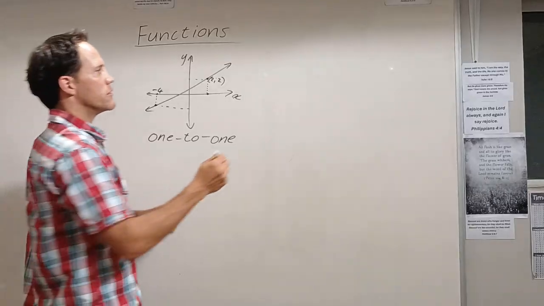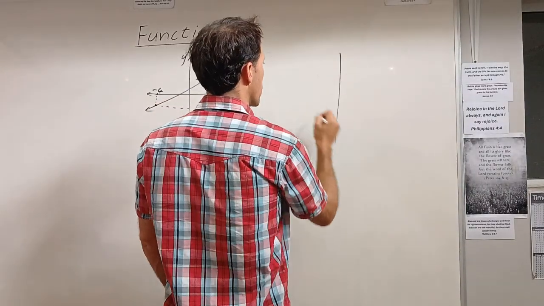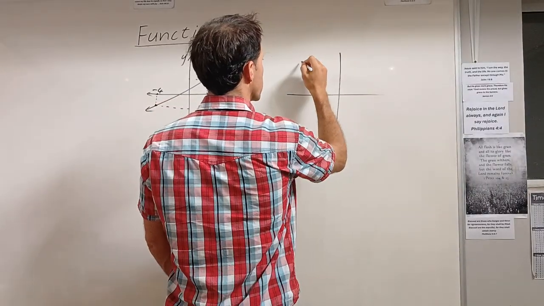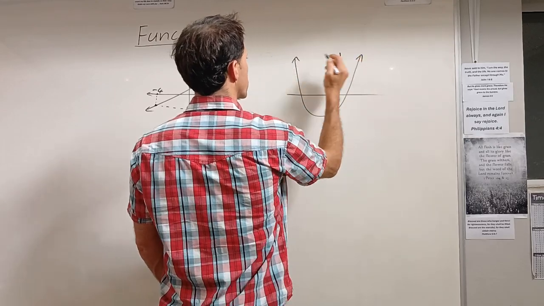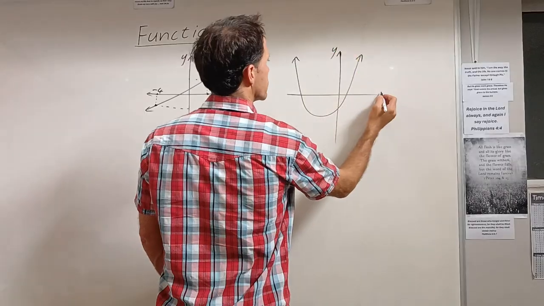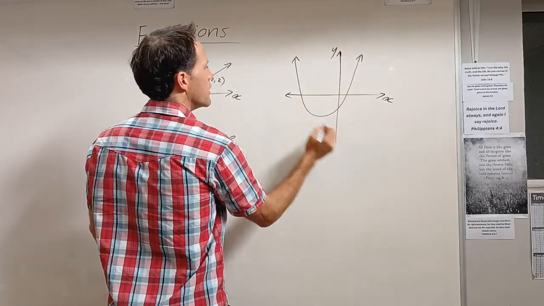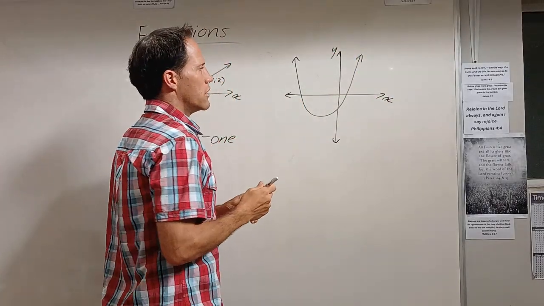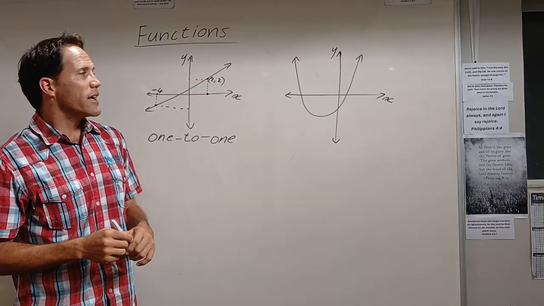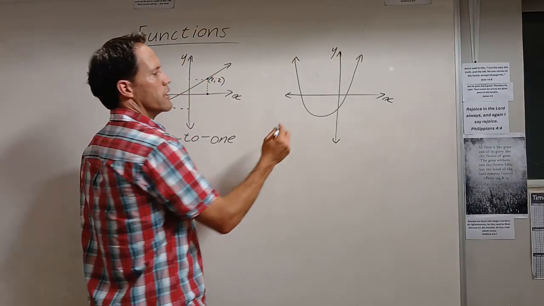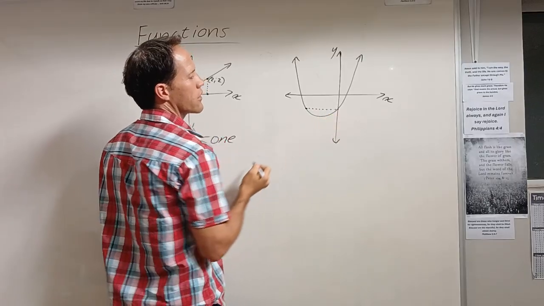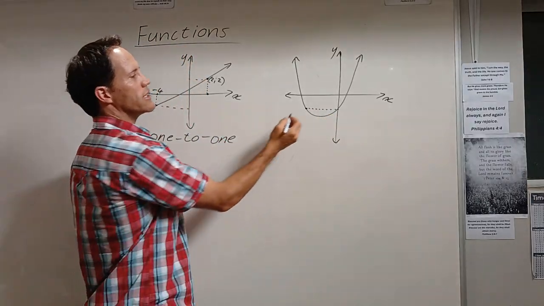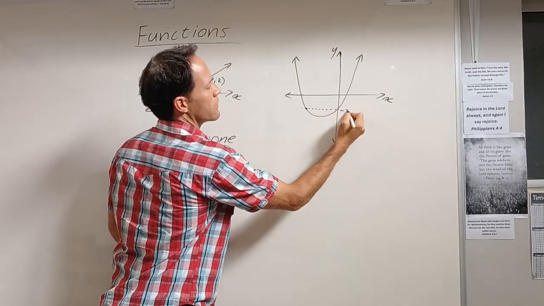Okay, then if you think of a parabola, let's say we get a parabola that looks like this. Okay, with your y-axis, with your x-axis, and so on. Now, if I take, for instance, the y value over there, let's say this y value is -2.